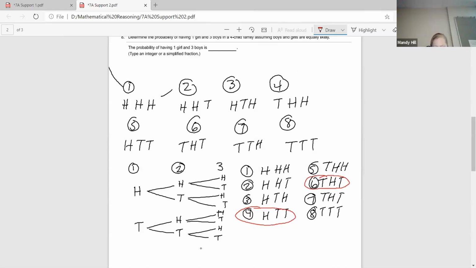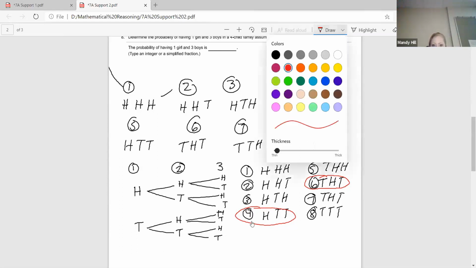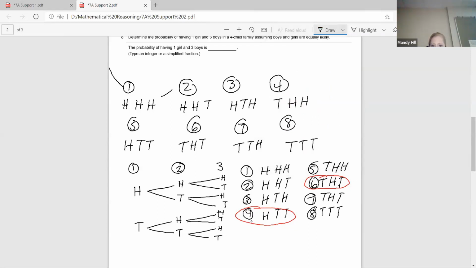It looks like I've listed that one twice. Yeah, this one should be tails, tails, heads. Got going too fast.